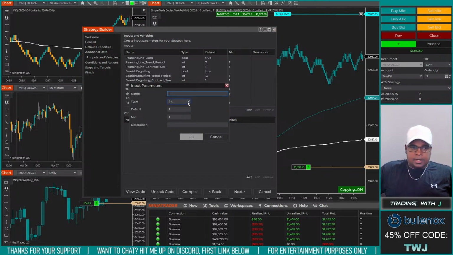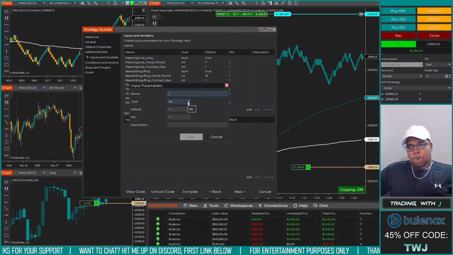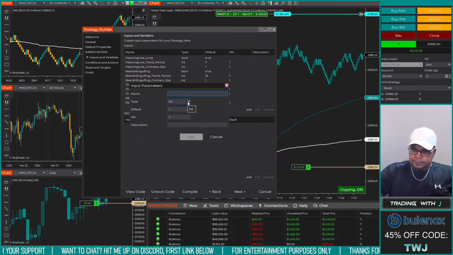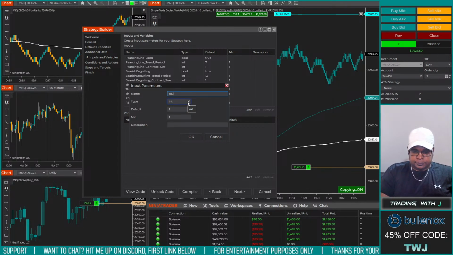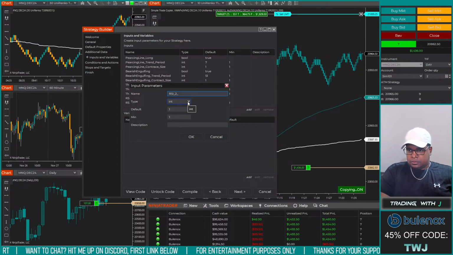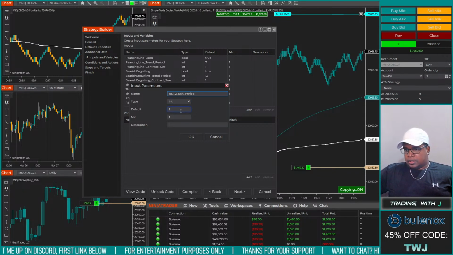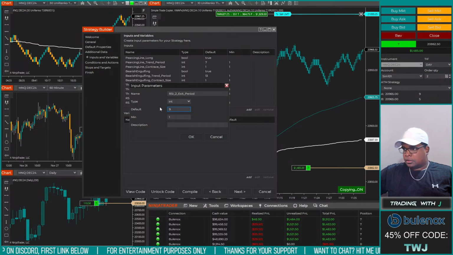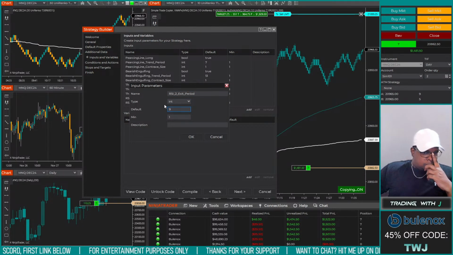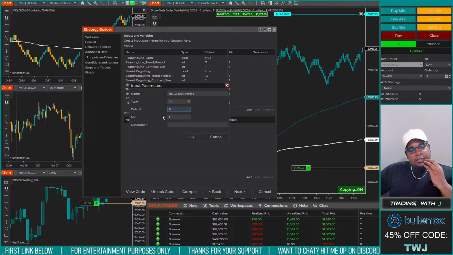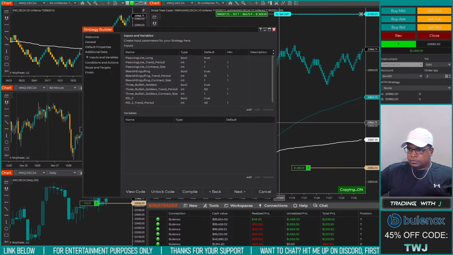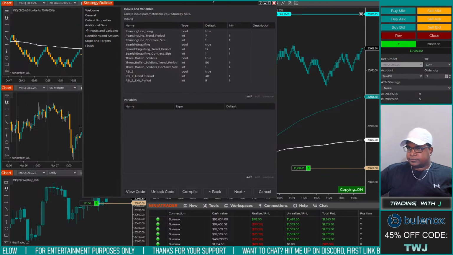Then we have the exit. According to the rules of that strategy, the exit is 9 exponential.